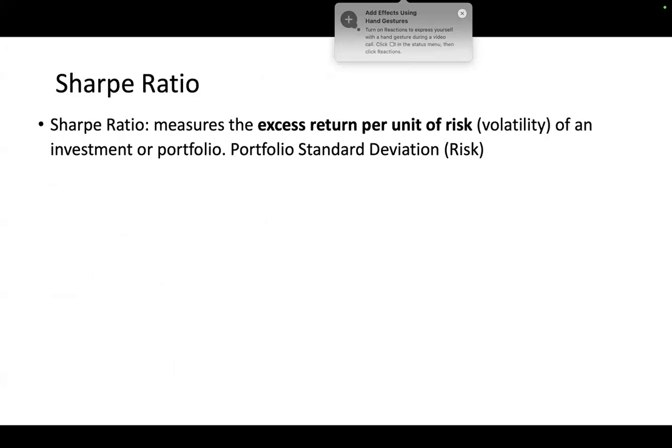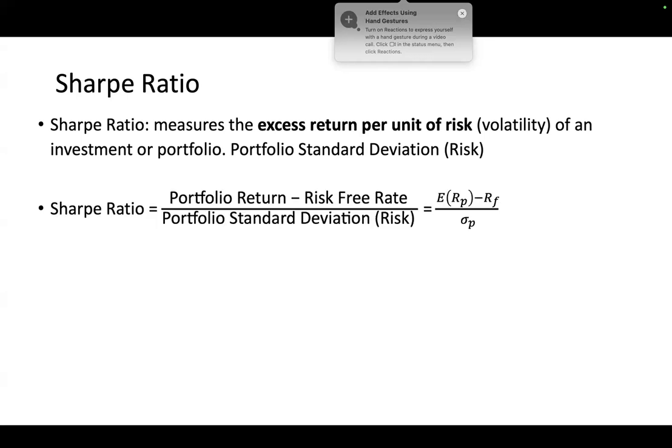Another thing that we usually want to do is the Sharpe ratio. The Sharpe ratio measures the excess return per unit of risk, so it's the volatility of an investment or of the portfolio. We define it like this: portfolio return minus risk-free return divided by portfolio standard deviation. On the numerator, we have the expected return of the portfolio minus the risk-free rate.